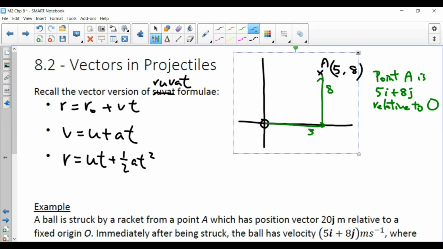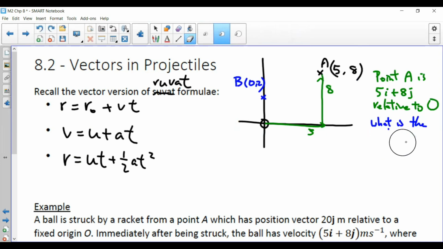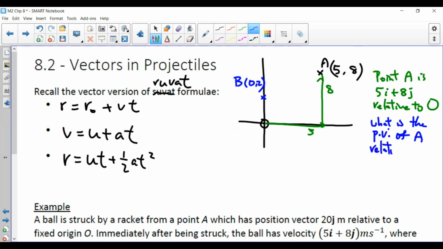Now, however, what about this point? Let's say we call it point B in here. This point B has coordinate 0, 2. The question is, what is the position vector of A relative to B?